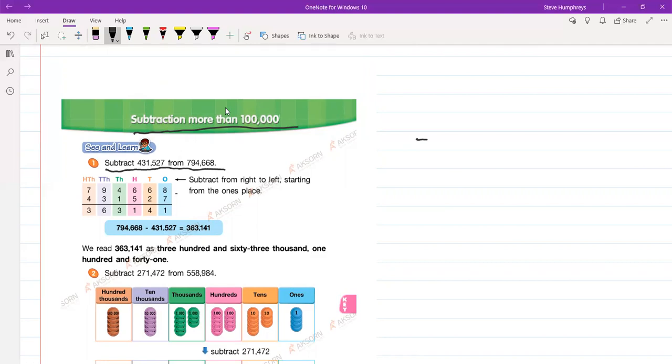Subtract the smaller number from the larger number. 794,668 minus 431,527.